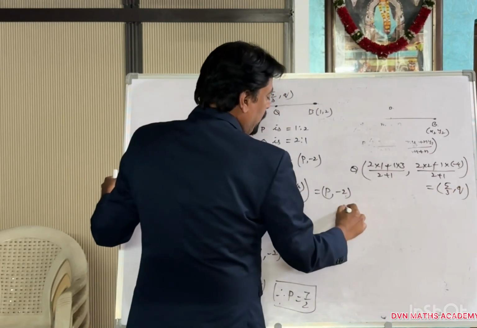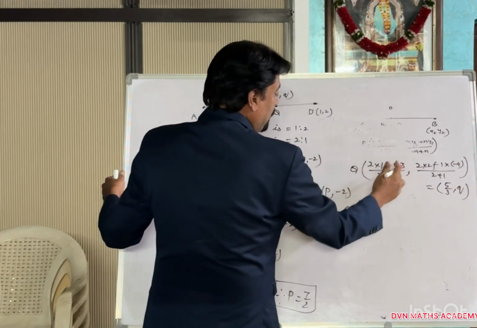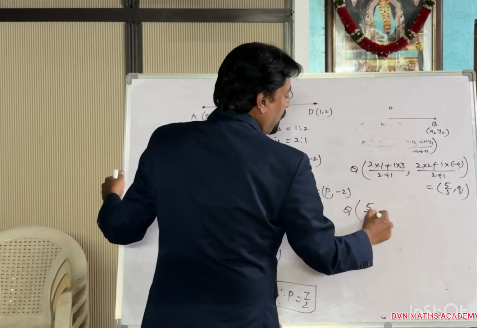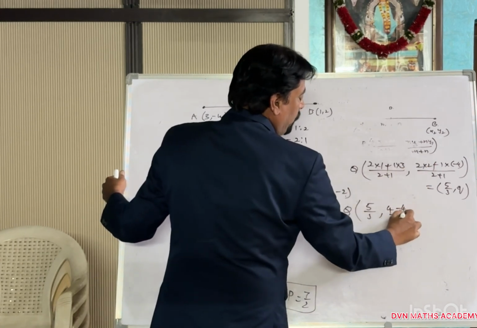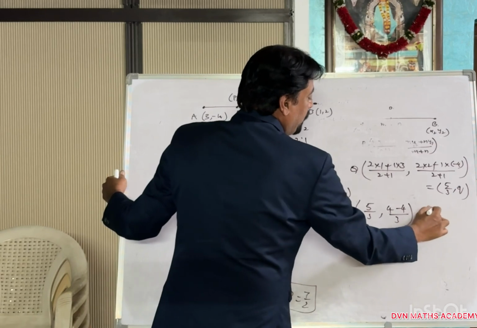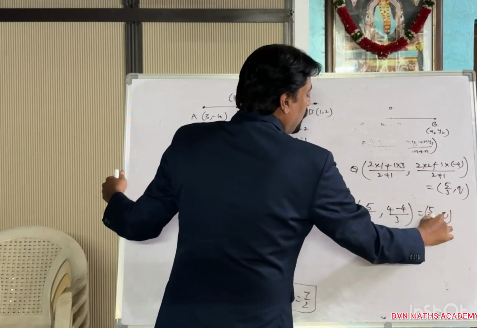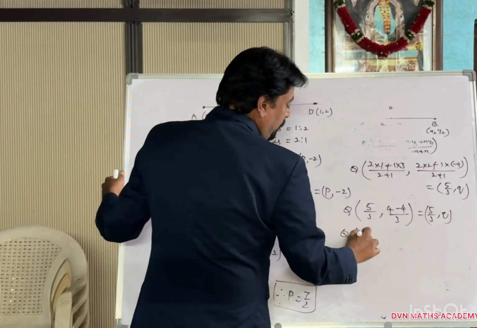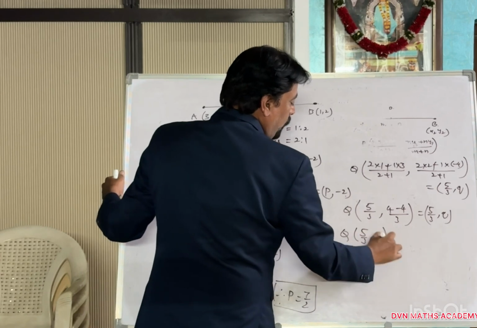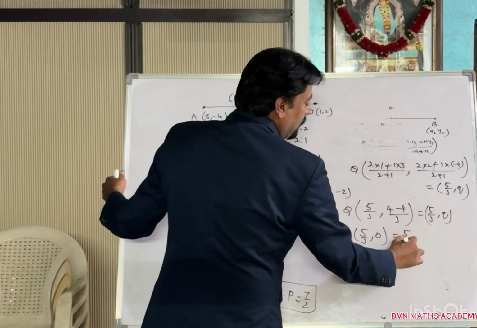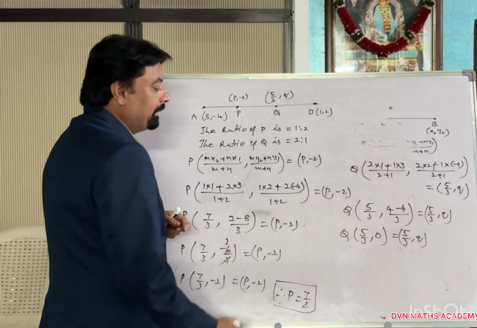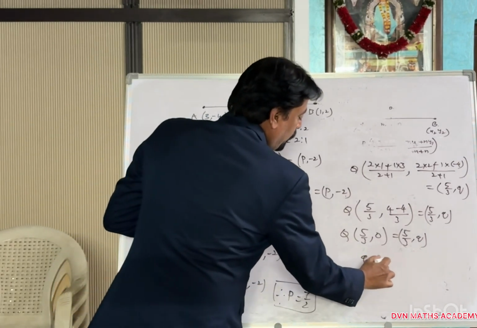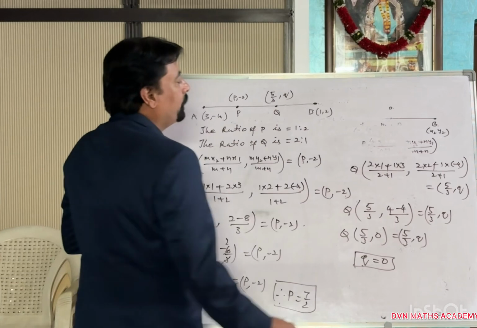Now Q is (2 + 3)/3, that is 5/3, comma, (4 - 4)/3, is equal to (5/3, q). Now Q is (5/3, 0) is equal to (5/3, q). If you compare these 2 points, then directly you can write q is equal to 0. So this is the value of q.